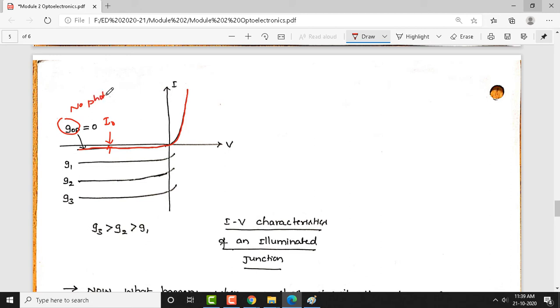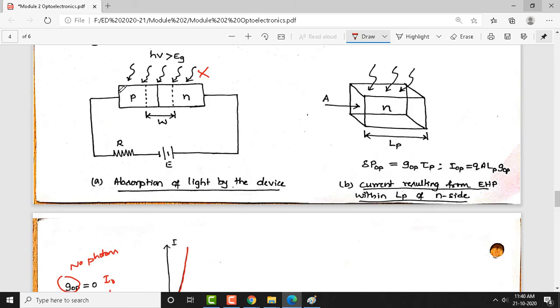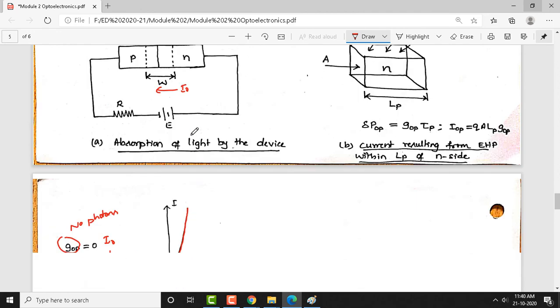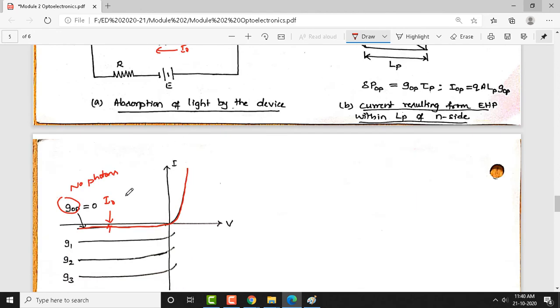Photons are not made to fall on the PN junction. Without light, this I naught current flows from N to P. This current is also called the dark current. There are no photons here, that is why it is called a dark current.